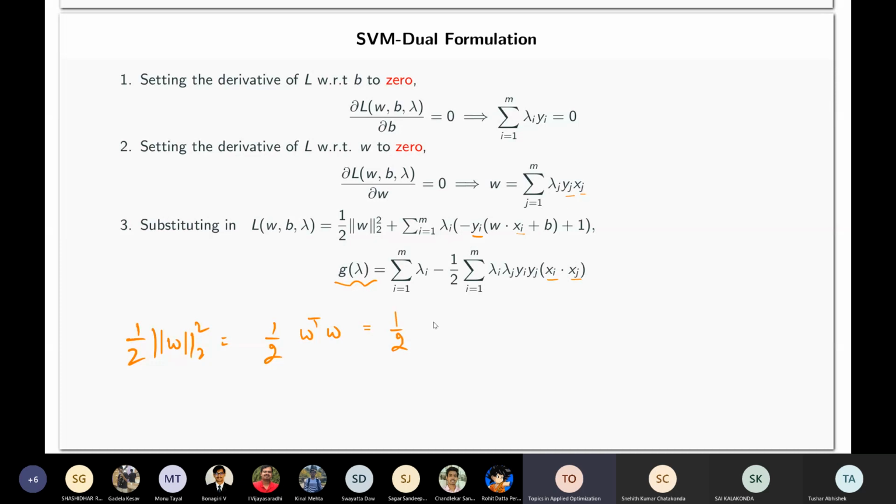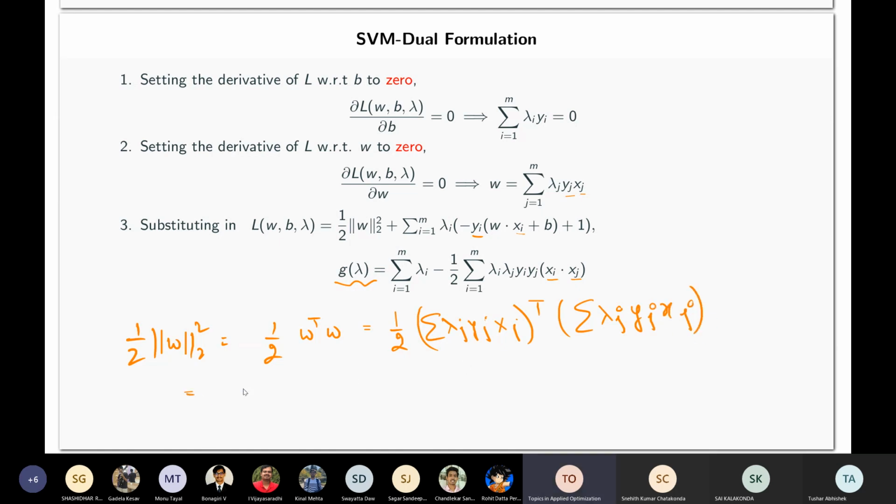Half of w transpose is this guy. So this will be summation of lambda j yj xj, transpose of summation of lambda j yj xj.